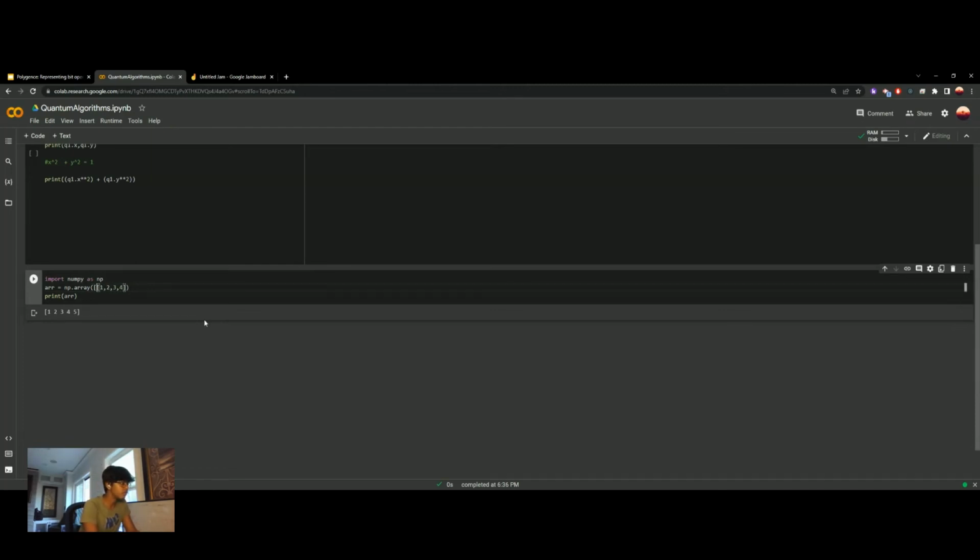So we have 1, 2, 3, 4 as one array, and maybe we could have another array as 5, 6, 7, 8.